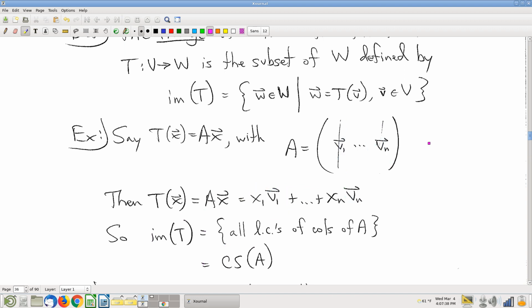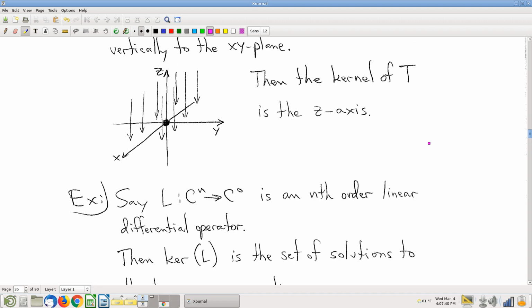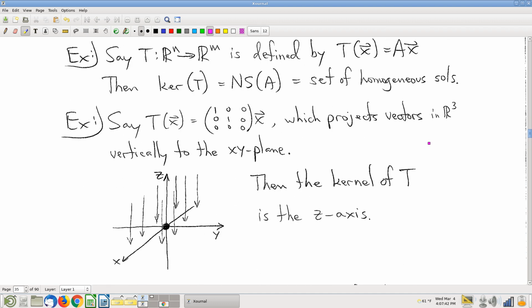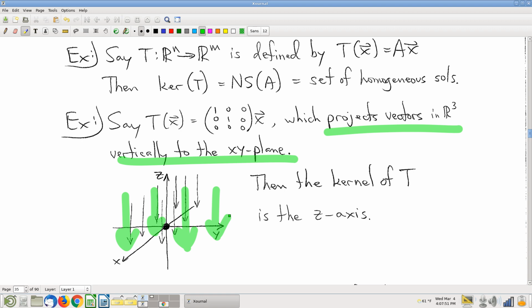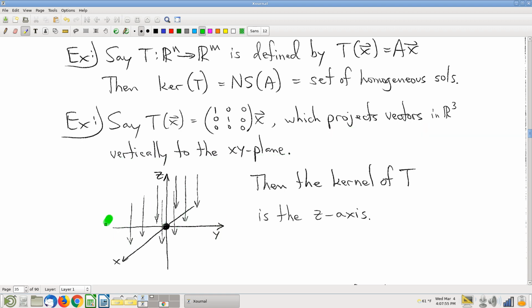Okay. You can see that explicitly, by the way, in this old previous example that we did. I remind you, we're talking about projections into the XY plane. Right? So that's what this matrix does. The projection into the XY plane, you can see the image really easily. There's the image. Right? If you take R3 and smush R3 down into the XY plane, you get the XY plane.